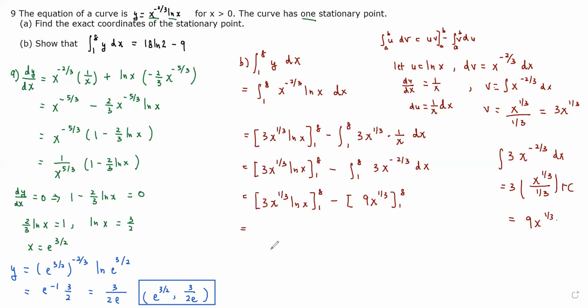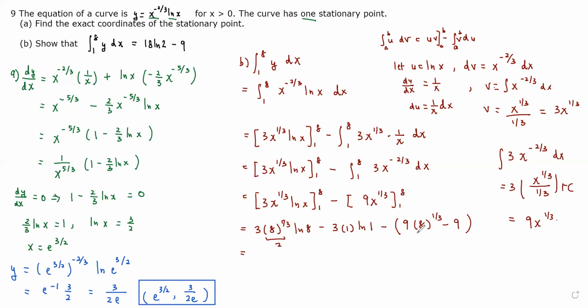Now we evaluate. So we have 3, 8 to the 1/3 ln 8 minus 3, 1 to the 1/3 is 1, and we have ln 1, minus 9 times 8 to the 1/3 minus 9 times 1. 8 to the 1/3 is 2.